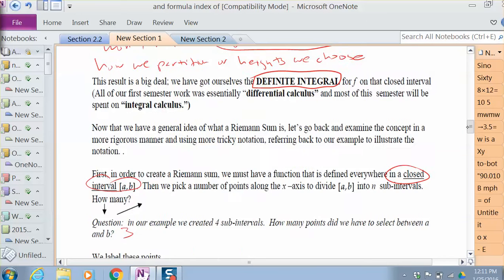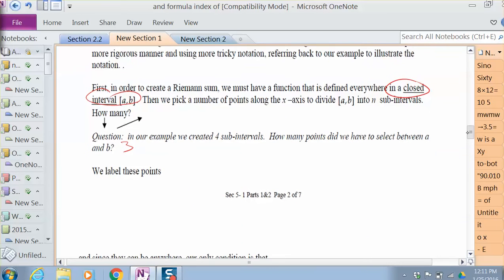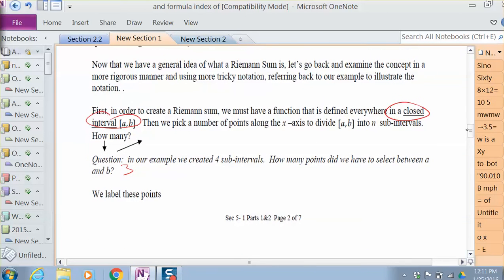So really, it's going to wind up being n minus 1 points we have to select between A and B. And we label these points like this: x1, x2, x3, dot, dot, dot, until we get to xn minus 1.